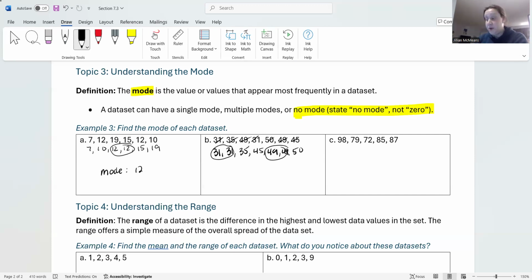All three of the other data items only show up once. So in this case, we have two modes. 31 and 49 occur most often compared to the rest of the data set, and they occur the same number of times. So we would say the modes are 31 and 49.